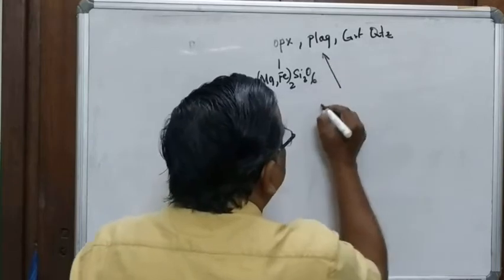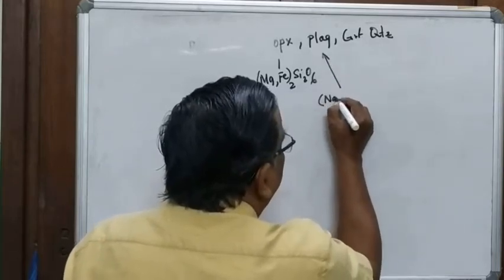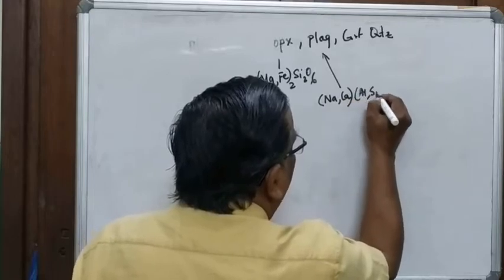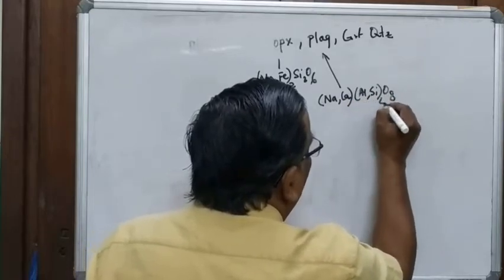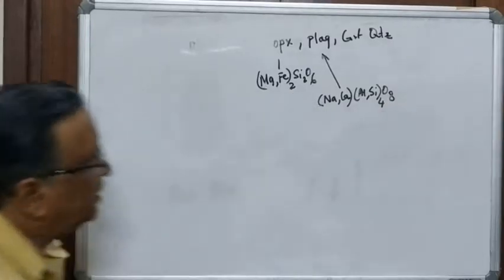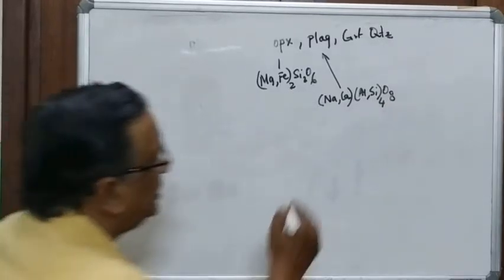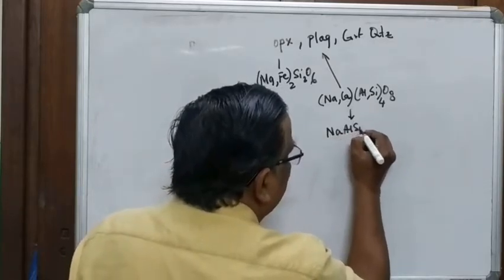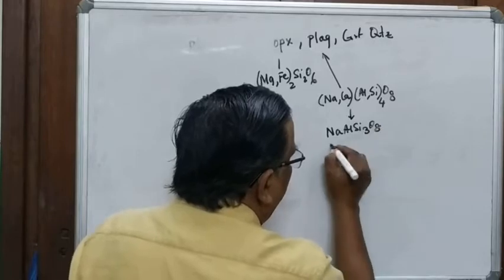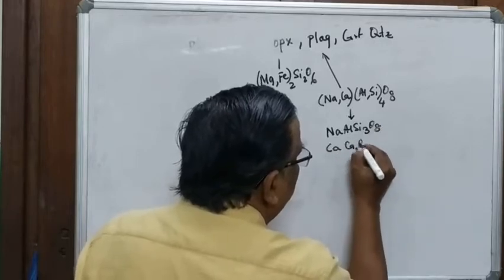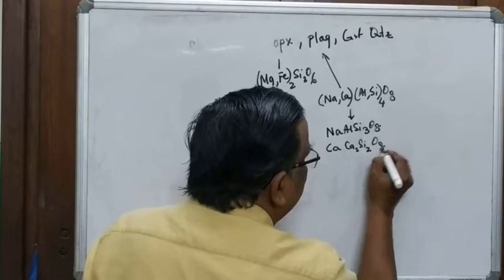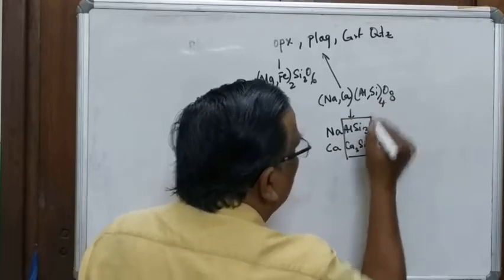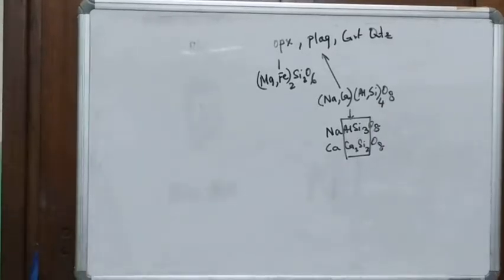Plagioclase is a mineral which normally has (Na,Ca)Al(Si)4O8. This has 2 components, NaAlSi3O8 and CaAl2Si2O8. The total of Al and Si is always 4. That is why I've written Al, Si.